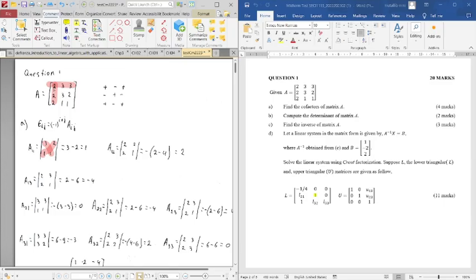But for first row second column, the sum would be 1 plus 2, so we're gonna have the negative sign before the determinant. As we can see, we can refer to this table: first element positive, second negative, third positive, and so on.